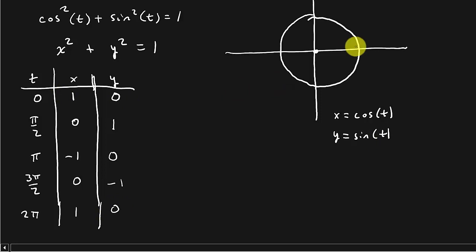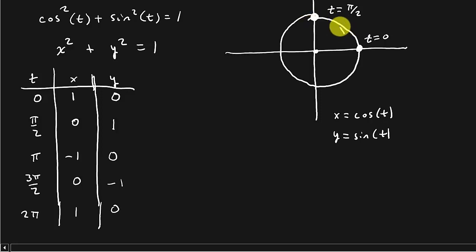So let's plot these points. When t is 0, I've got 1, 0. Then I've got the point 0, 1, which is right here. That's when t is pi over 2. You can see that we're moving along this direction.